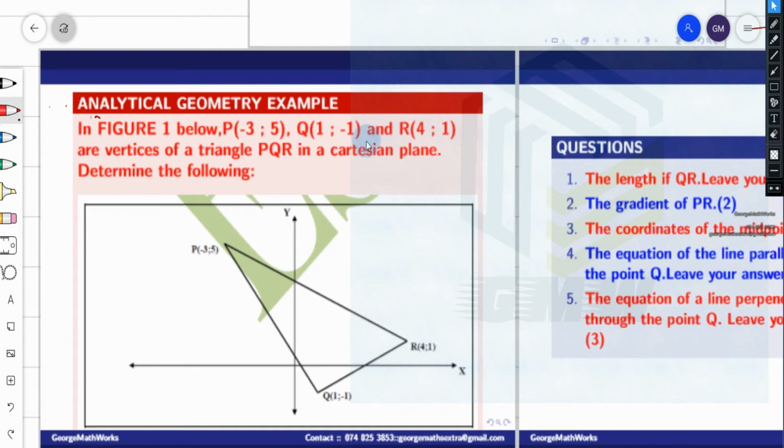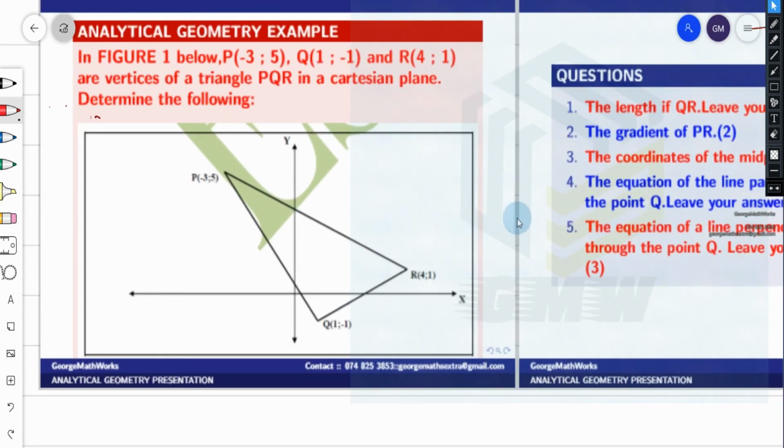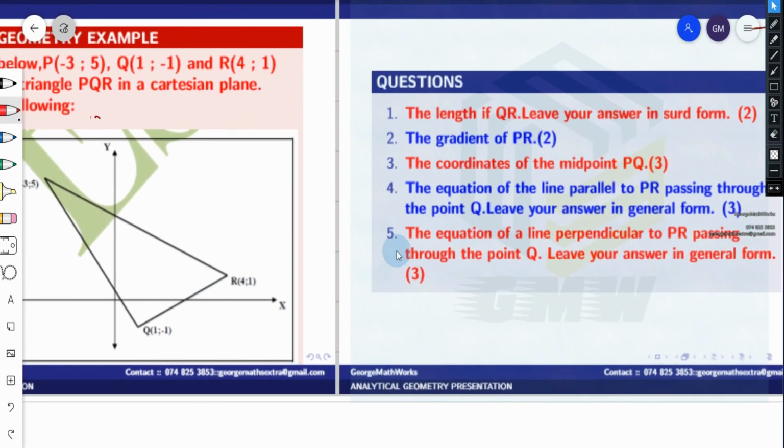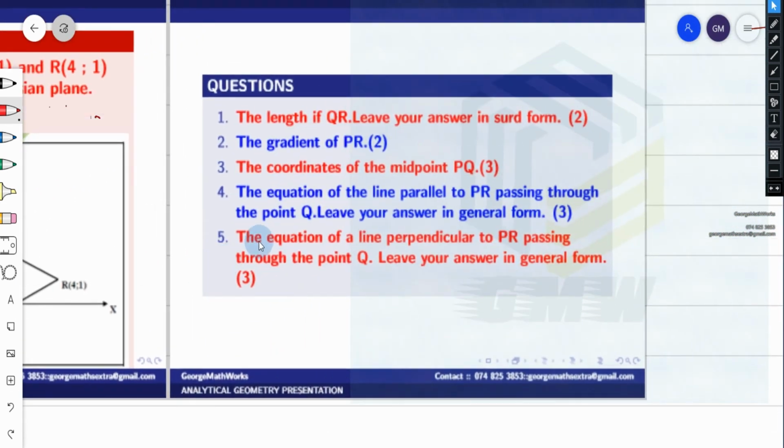The description above is also given in the diagram here, where we have P, Q, and R. Now, the questions that follow: number 1, we are to determine the length of QR. Leave your answer in surd form. This part is also important.